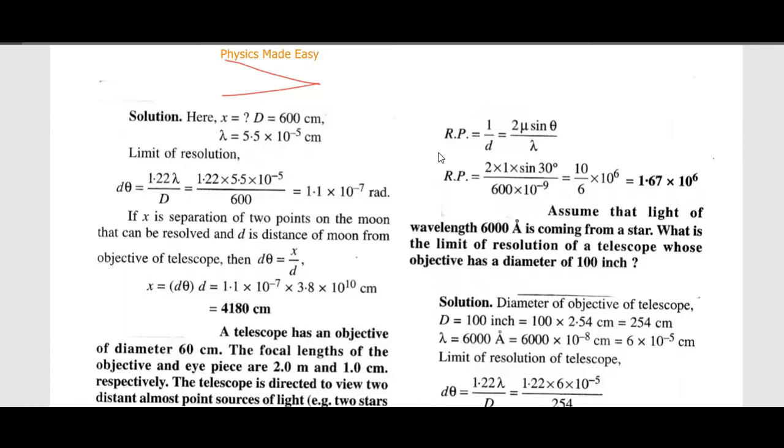Now it is the case of a telescope. If d theta is such an angle like this, and this distance is given to us, this distance is capital D, or the radius vector is capital D, then obviously x divided by capital D is equal to d theta.